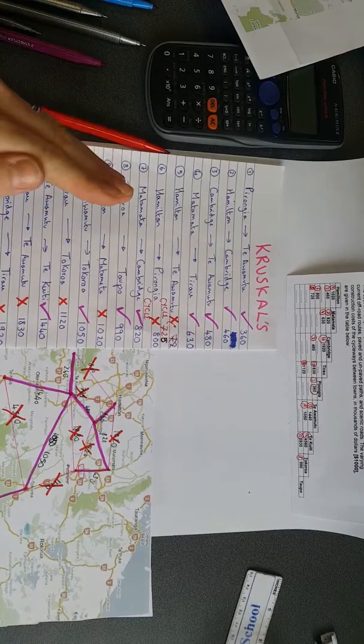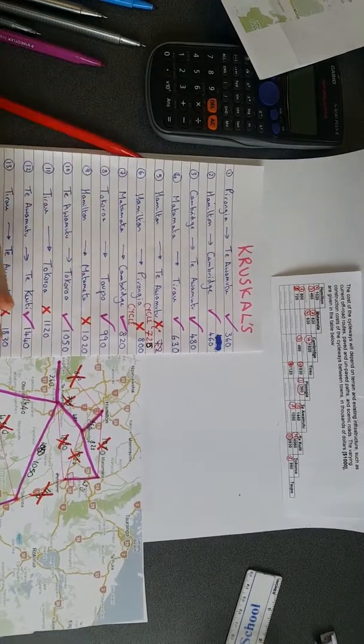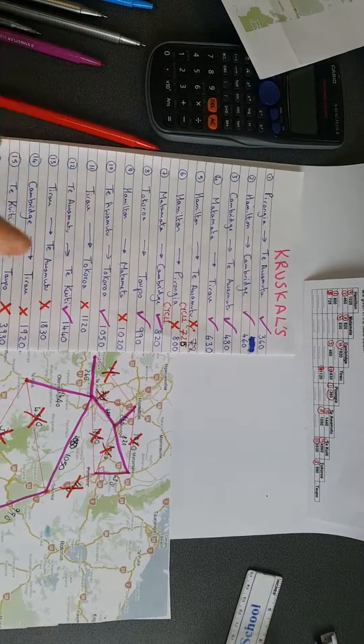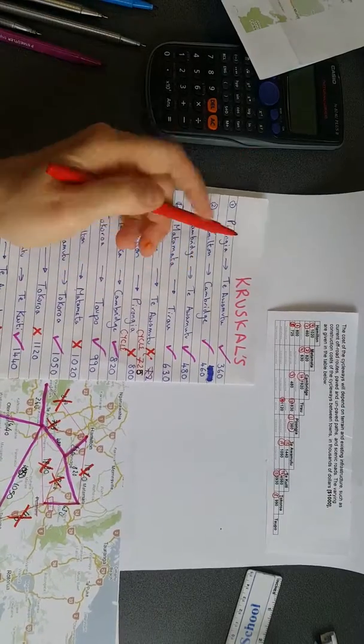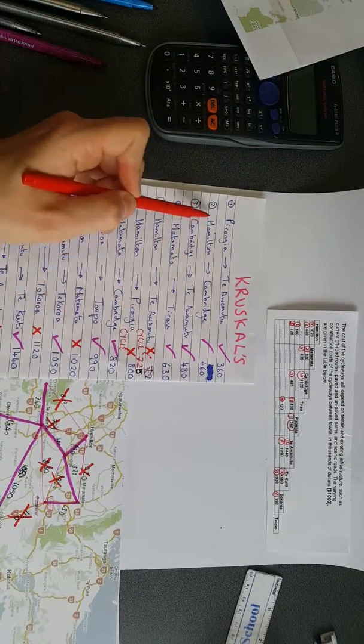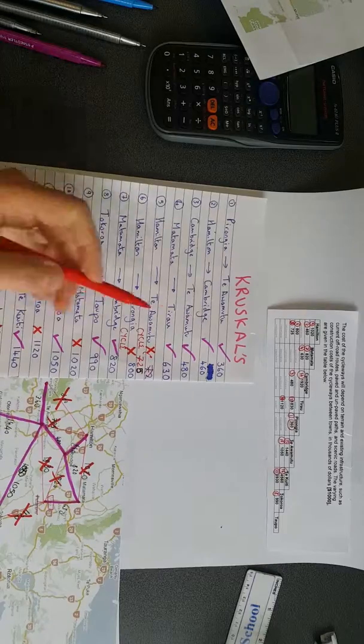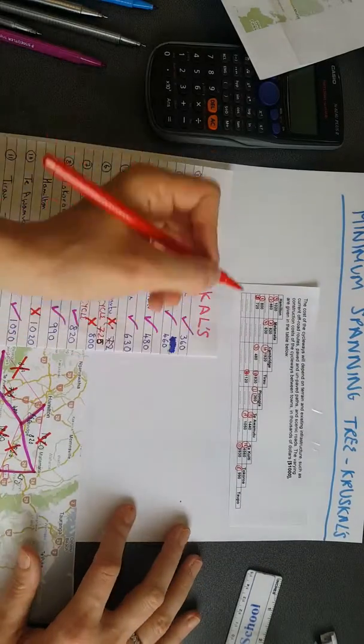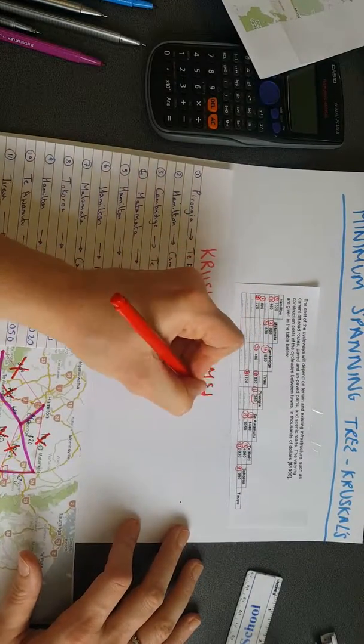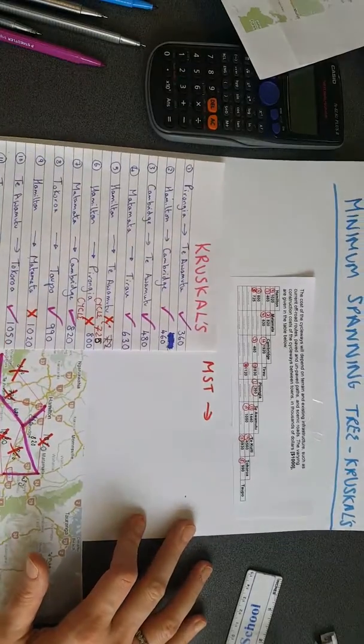Now what I need to do is define it, so explain the routes. So what I would do for the examiner is just copy out all of these in order and I'd add them up as I go. So my minimum spanning tree, I'm just going to shorten it to letters there.